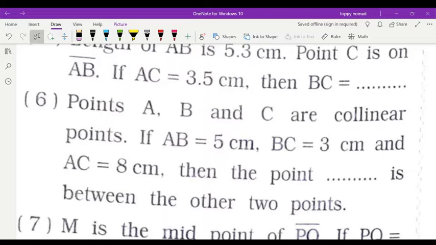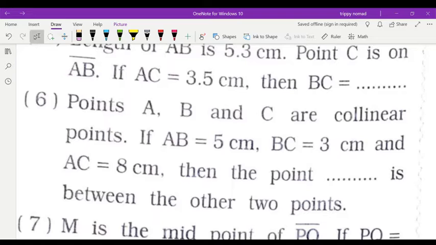Once again, you have to think before writing any answer. On the basis of the lengths of the line segments given, how will you think which point is lying in between? AC is equal to 8 centimeter, that means the biggest, and AB is 5 centimeter and BC is 3 centimeter.